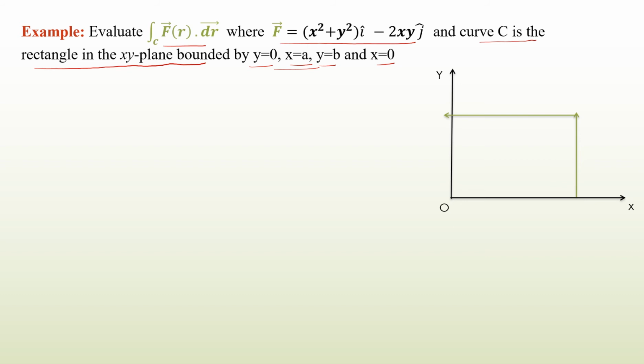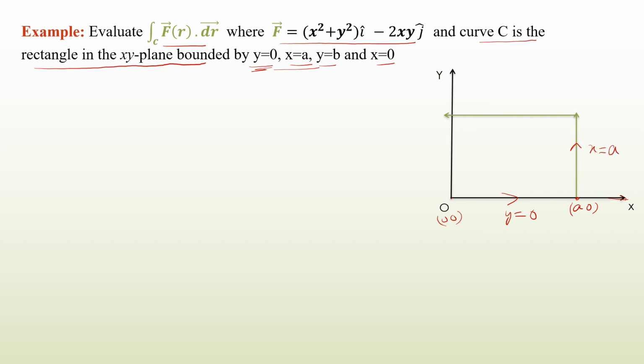Suppose this is the origin 0 0, and that's the x-axis. The bounded region is given by y equal to 0, and the line x equal to a, suppose this is the point a 0.